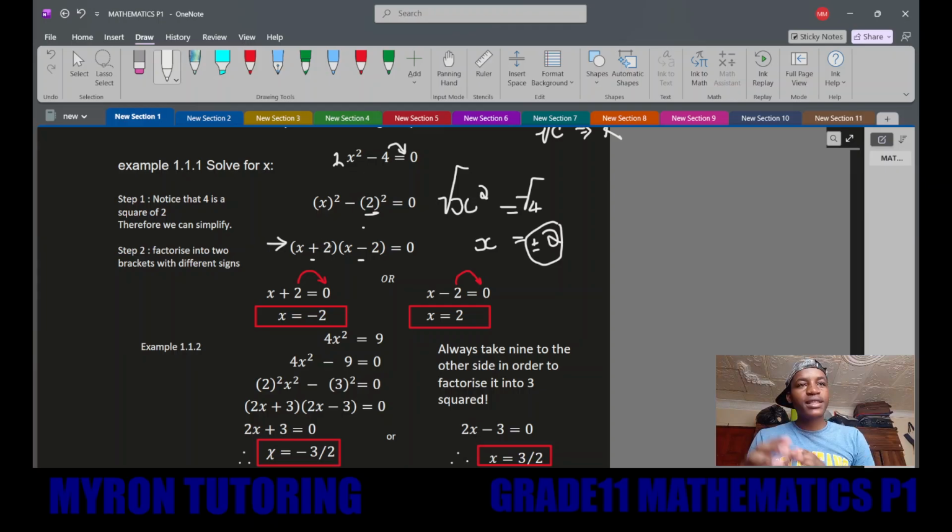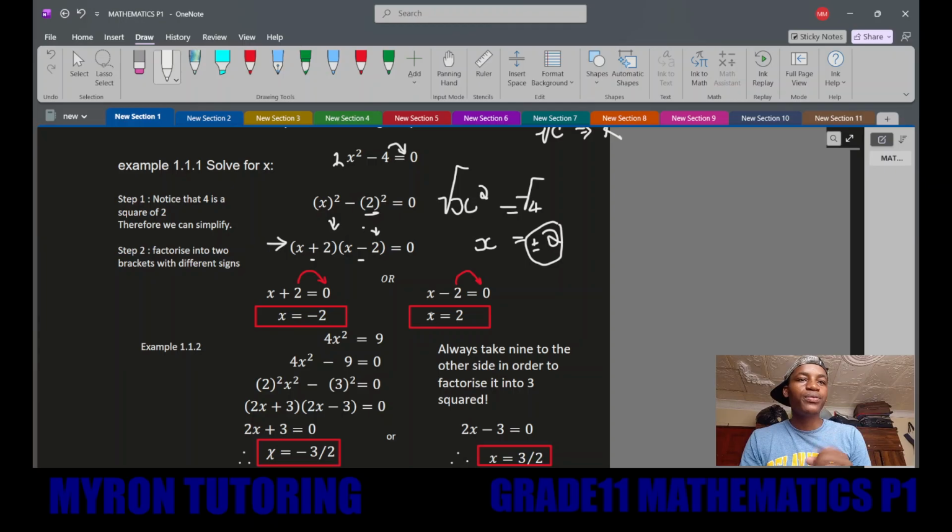In easier terms, all you need to do is take the square root of the number on the right hand side of the minus sign, and insert it inside the two brackets. From there, you will be able to say x plus 2 equals 0, x minus 2 equals 0, to get your two values: x equals minus 2 and x equals 2.